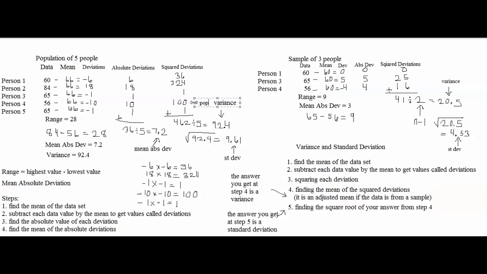I can just write POP for population, and if you find the square root of that variance, then your answer is called a population standard deviation. And if you have data from a sample and you do use this adjustment in step 4, your answer right here would be called a sample variance.